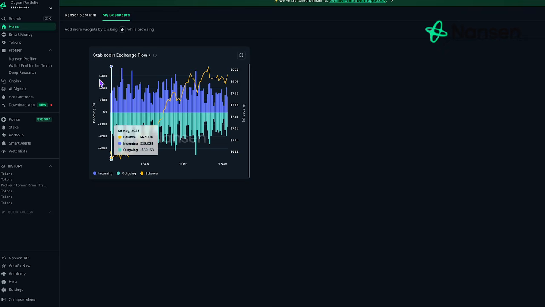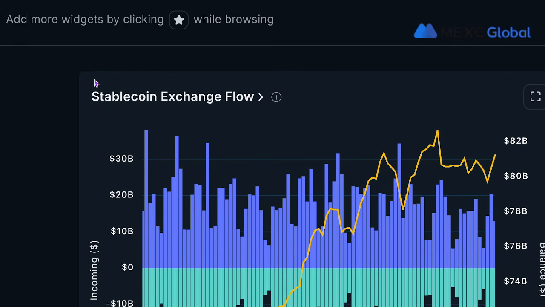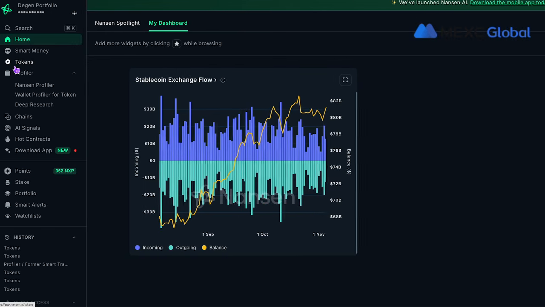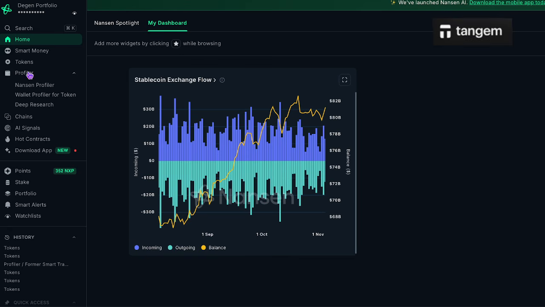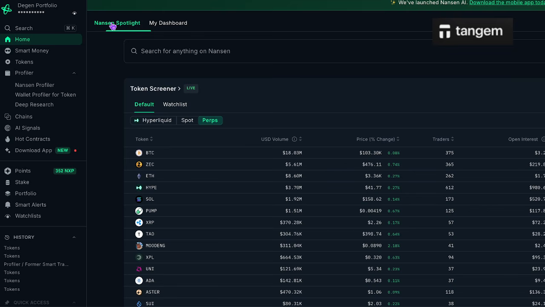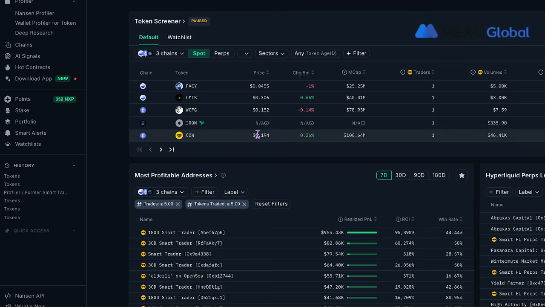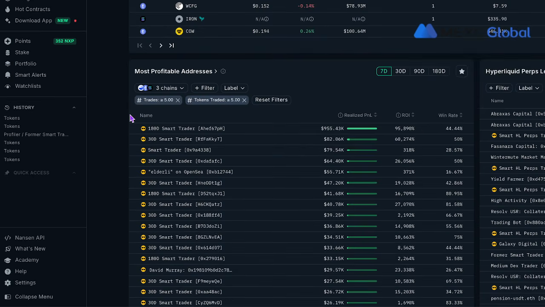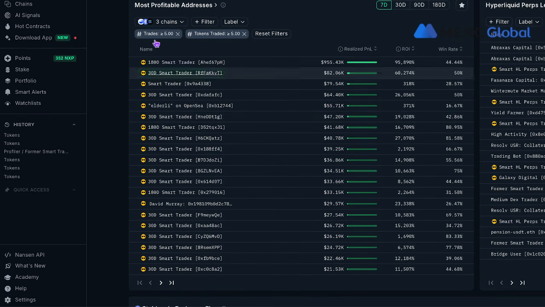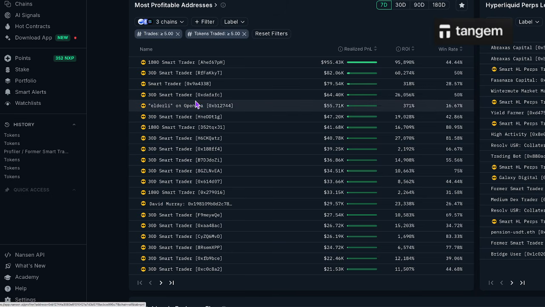I've got one here for stablecoin inflows, but you can add so much more into Nansen, specific dashboards. But what we have here is just a basic token screener. We can start with spot, and then we can see smart wallets here, most profitable addresses.